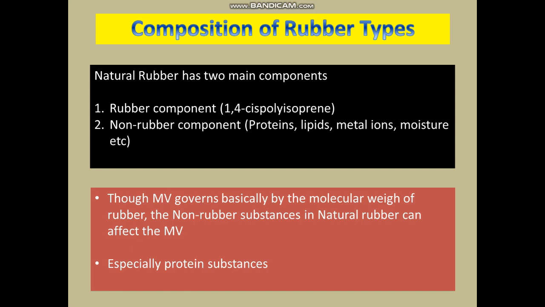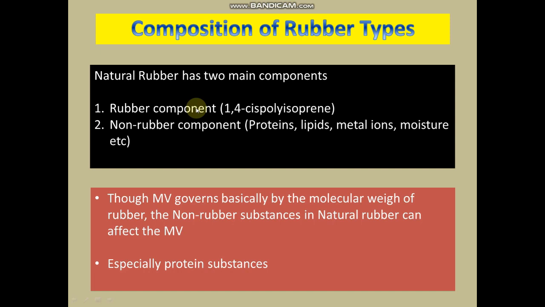Before that, I want to tell you that natural rubber has two main components. The first component is the rubber component, that is basically 1,4-cis polyisoprene polymer. Since natural rubber is a natural product that we take from the Hevea brasiliensis trees, it contains non-rubbers, meaning the materials that cannot be considered as cis polyisoprene.